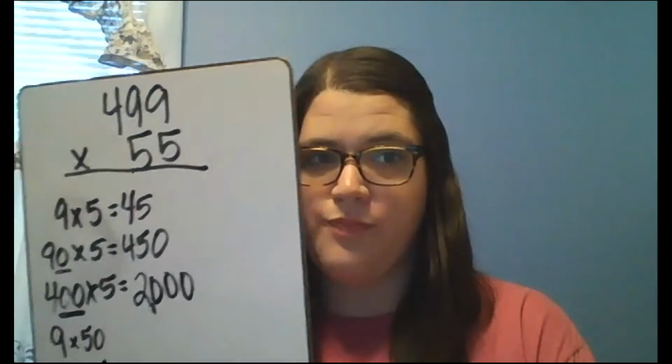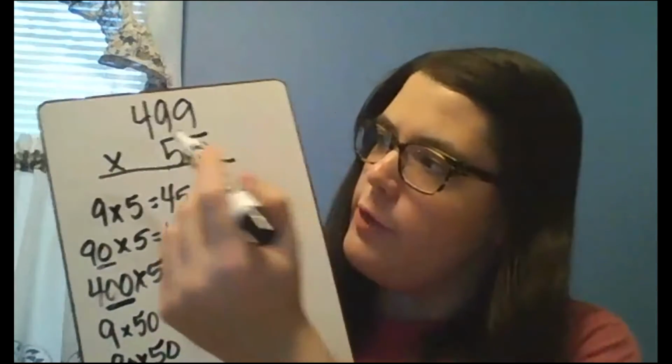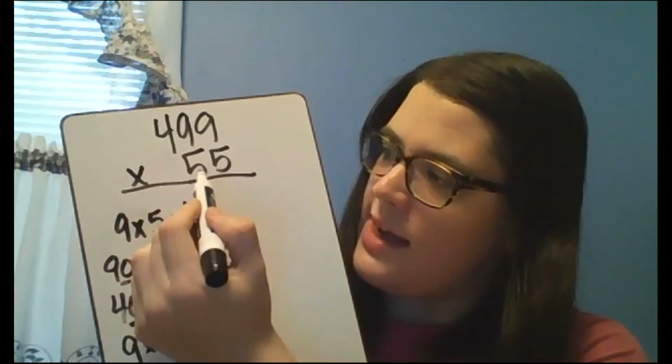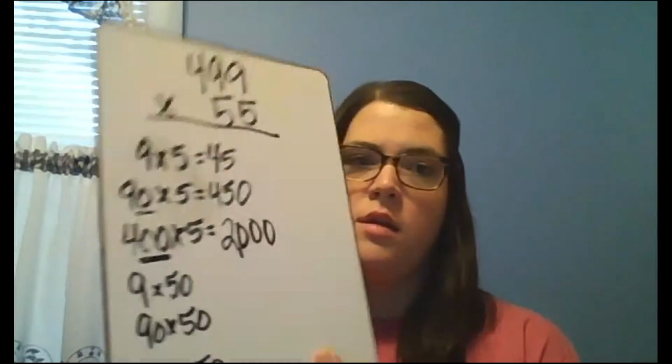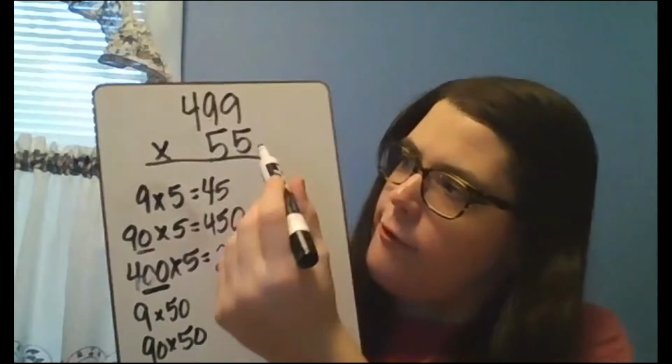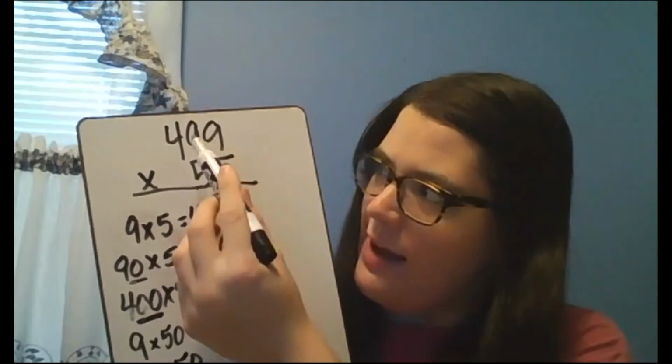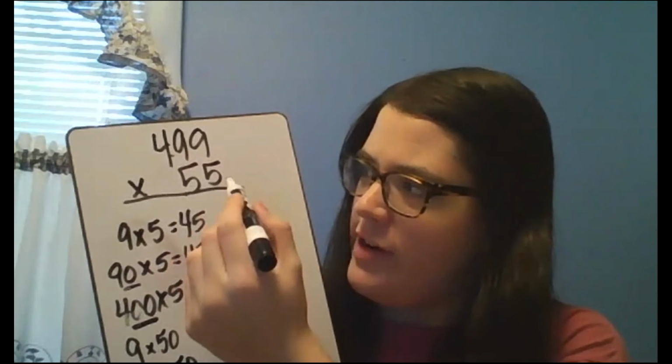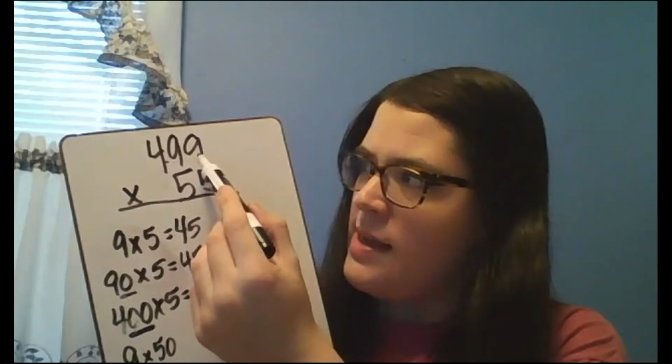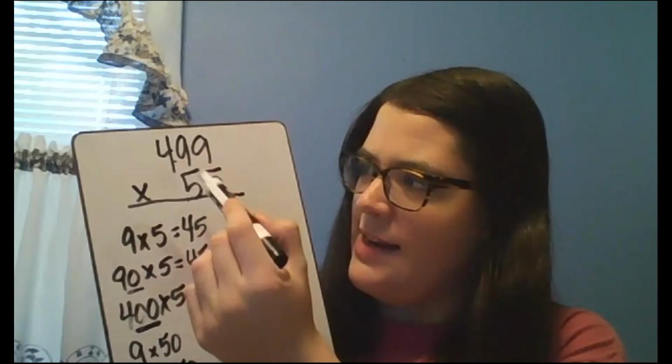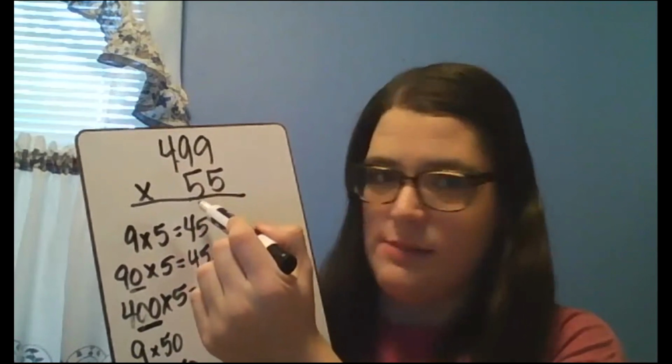And then go to your hundreds place. So then it would be 400 times 50. So we started with our 5 problems: 9 times 5, 90 times 5, 400 times 5. Then we did our other ones: 9 times 50, 90 times 50, 400 times 50.